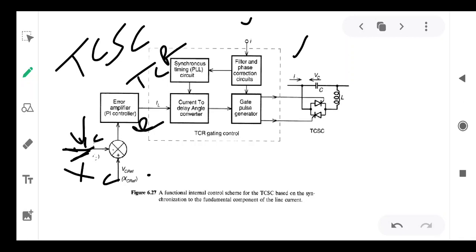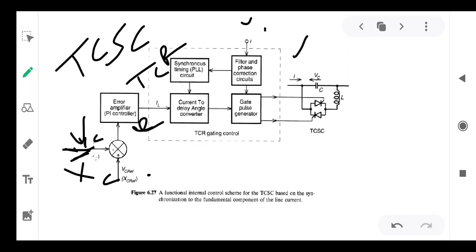Theta is obtained from the phase locked loop, and here I is fed to filter and phase correction loops, in which the fundamental component of I is extracted and given to the control block of GPG, the gate pulse generator.